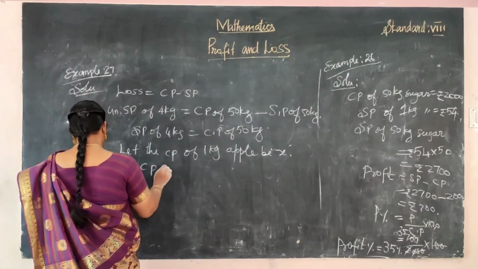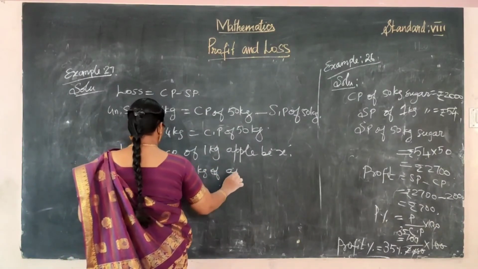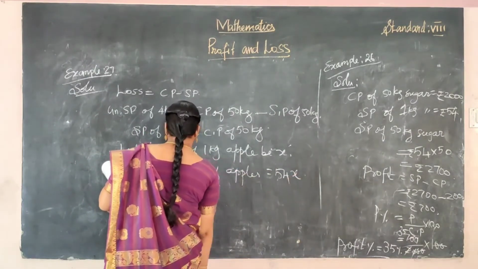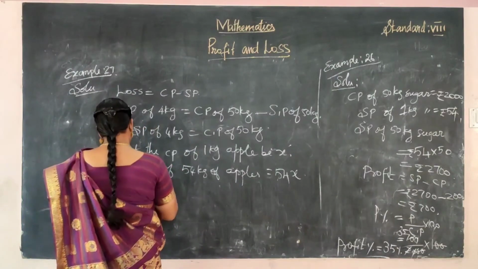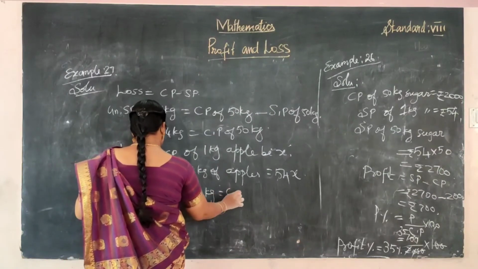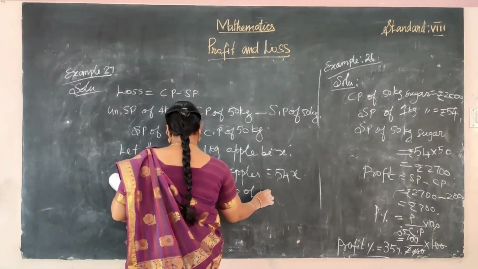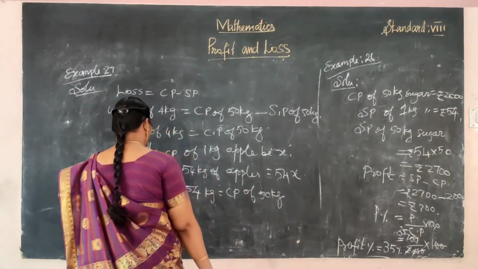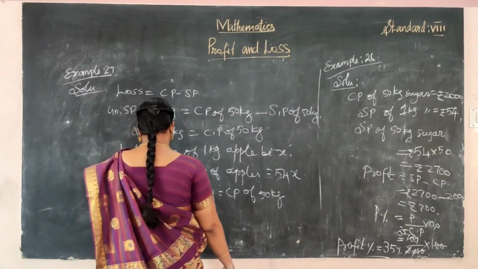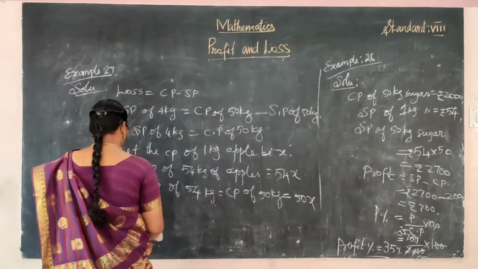The cost price of 54 kg of apples is equal to 54x, and the selling price of 54 kg is equal to the cost price of 50 kg, equal to 50x.